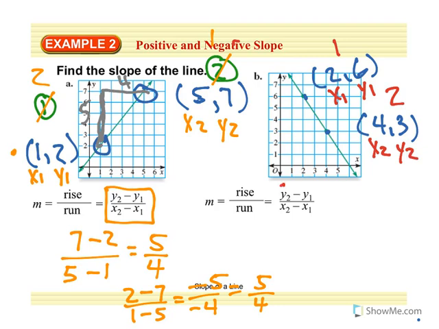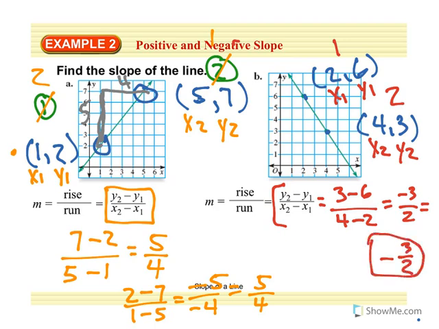When I use my slope formula, I do y2 minus y1, which is 3 minus 6, and x2 minus x1, which is 4 minus 2. So I get -3 divided by 2, which we can simply express as -3/2. Again, when the slope is negative, it's best just to bring the negative outside. If the numerator and denominator are both negative, my quotient will be positive. But if either the numerator or denominator is negative, it really just means the fraction is negative.